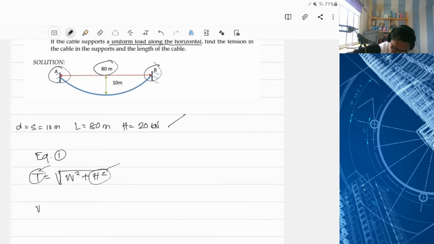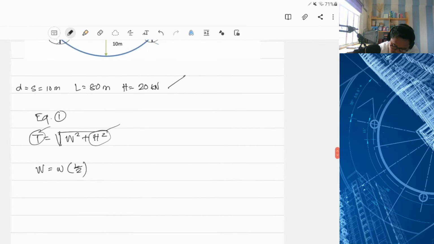The weight is equal to the uniformly distributed load times L over 2. The weight considered in our force polygon is half of the weight of the overall uniform distributed load. That's why this is L over 2. Okay?